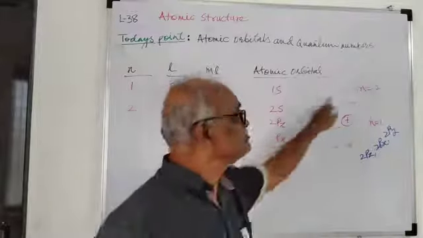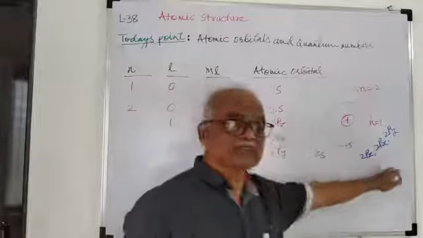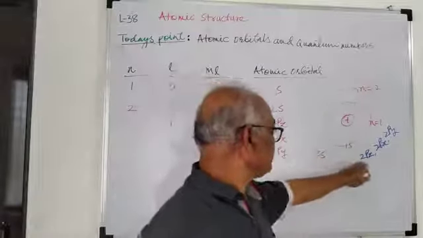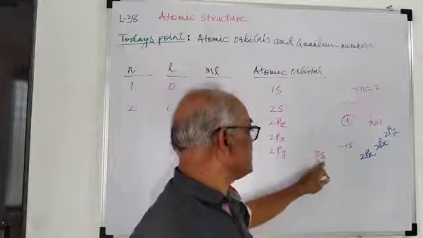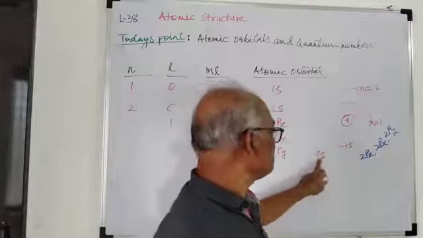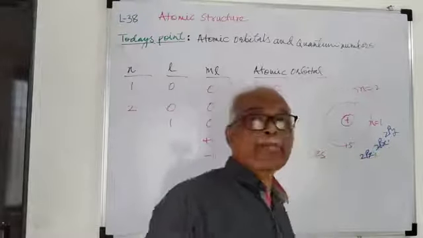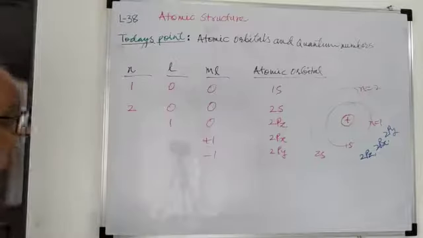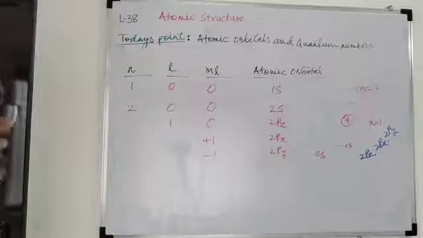That is, the second main shell will contain 2s and these three p orbitals, which are named 2pz, 2px and 2py.